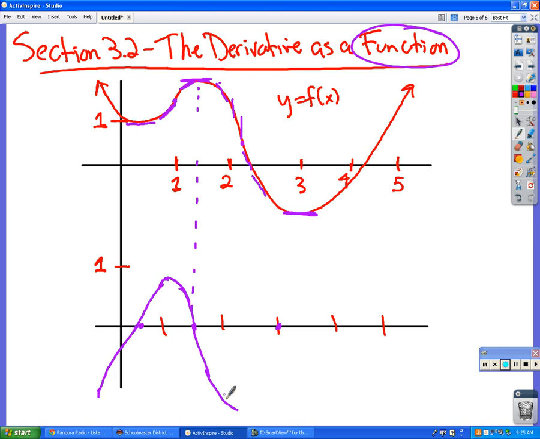But it's going to turn back around and start going back up to 0. Okay? And then what happens to the slope as I continue here from the left to the right? Yes, it's going to be positive, positive, positive, positive, positive. So this is going to go off something like that. Okay?